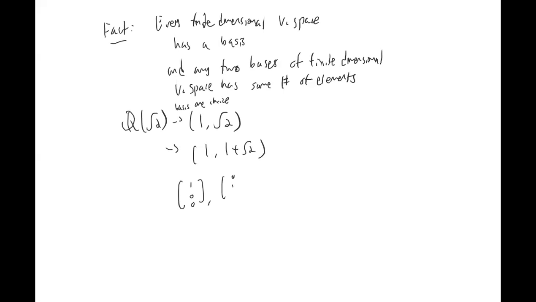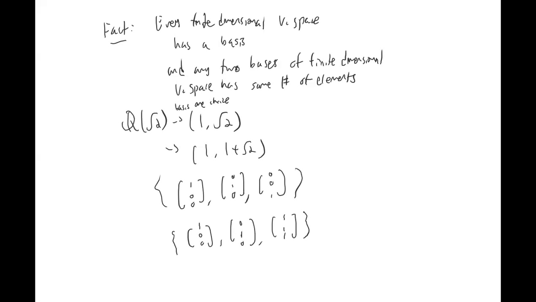There's no reason to choose these. I could have chosen, for example, another set like this, 1, 1, 1, because I can get 0, 0, 1 by subtracting this and subtracting this. So the basis is not unique.